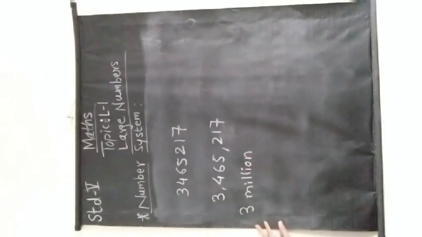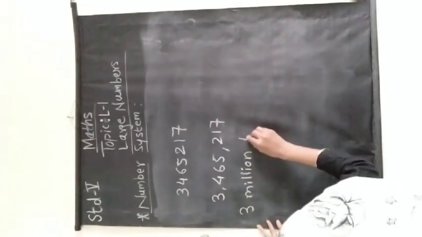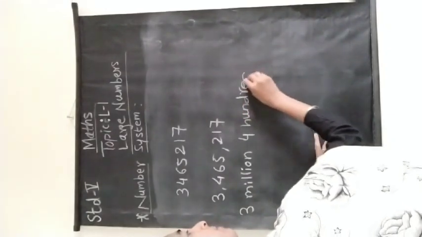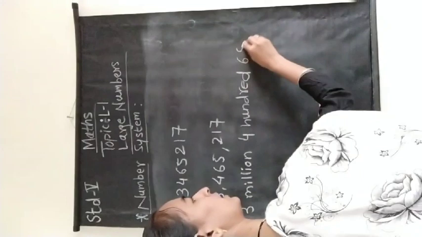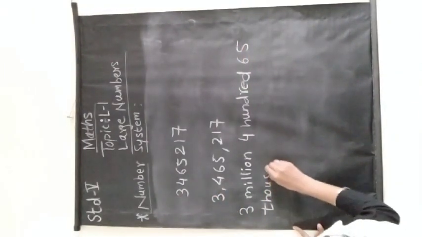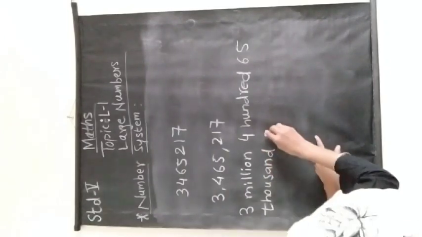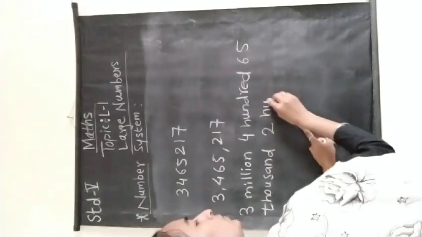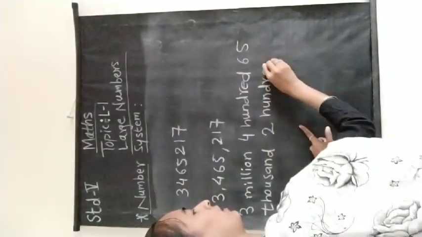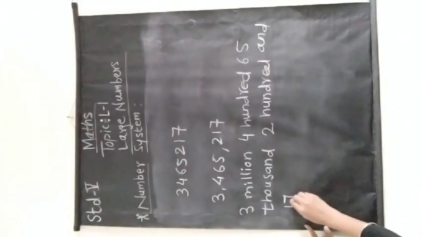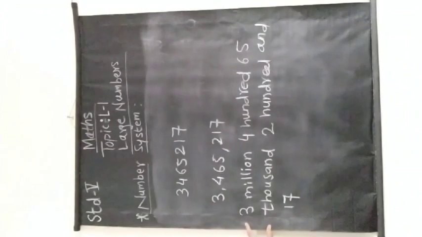Yes, 3 million, then 465,000, then 217. Okay, in the international system, how am I reading this?